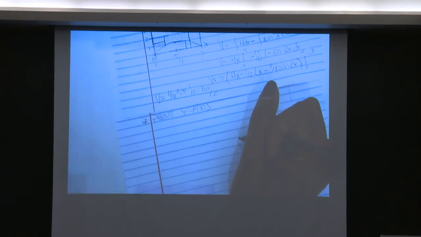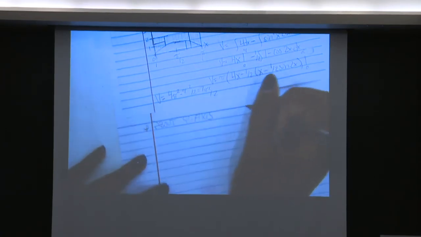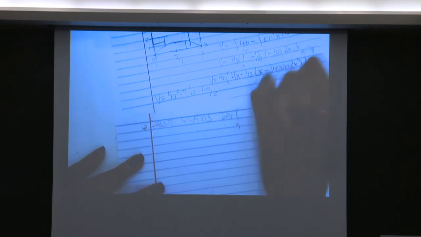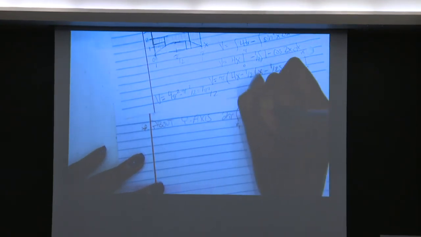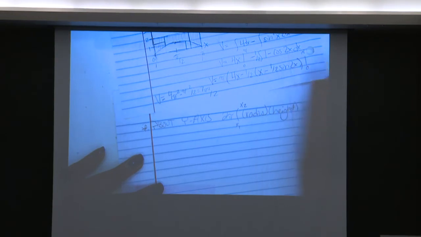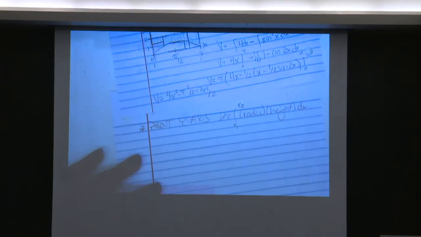So I have 2 pi, x1, x2. This is my equation. And in this case, it's dx.